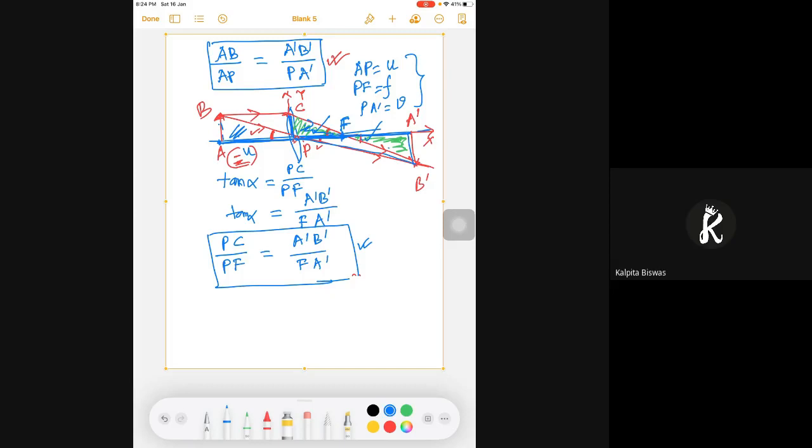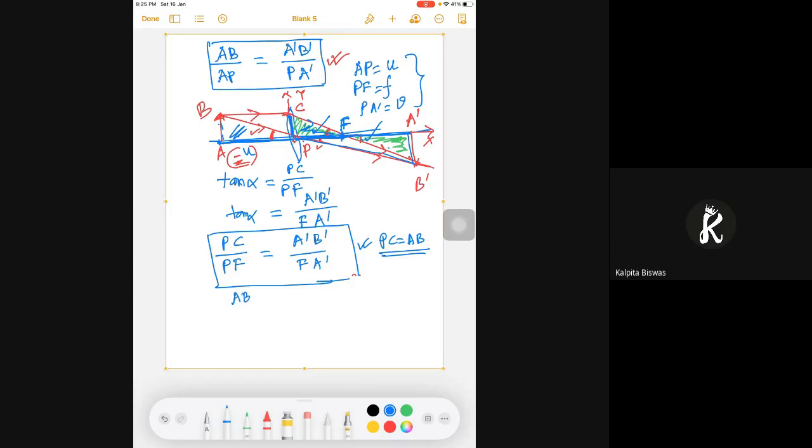Very good. Now again, we'll go to our same geometrical two formulas. See, from the first equation and from the second equation, what we see? PC equals AB, I told you before, so the same thing I am telling you once again. Instead of PC, you put AB because that is the size of the object.